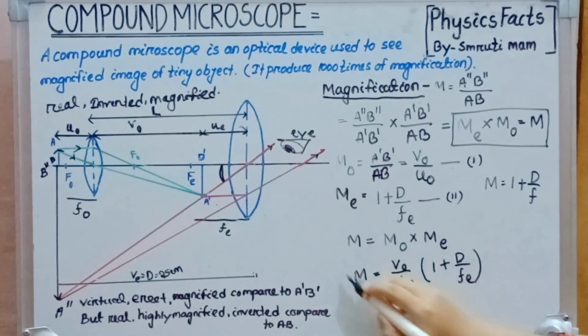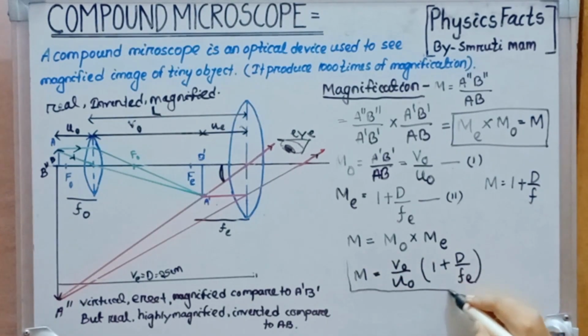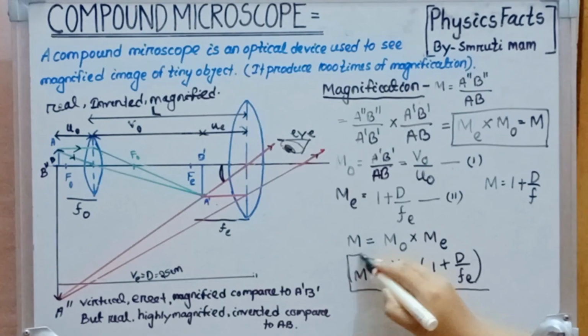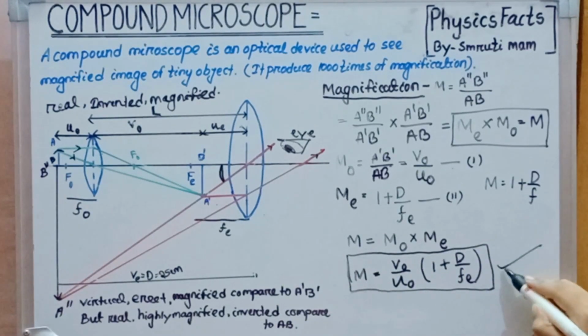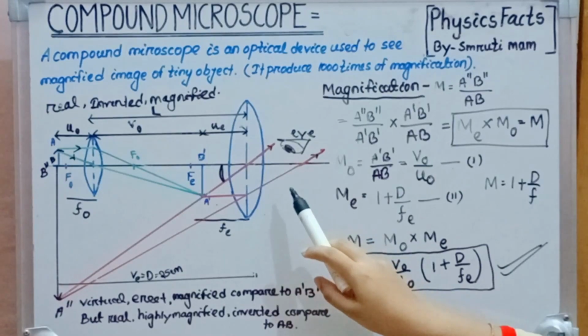Okay student, this one is the total magnification of compound microscope. One general formula where image is produced at least distance of distant vision from us.